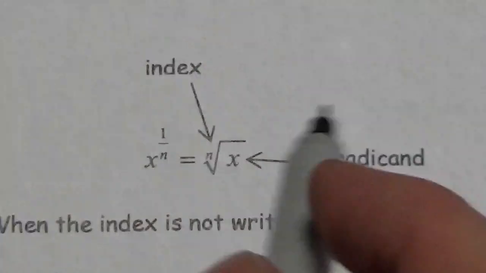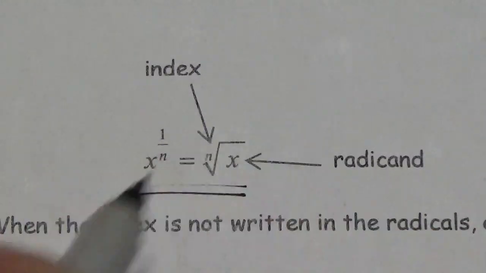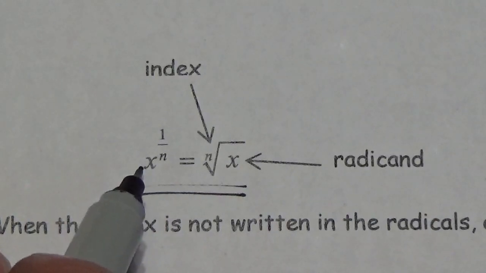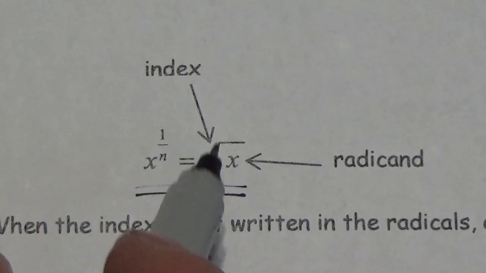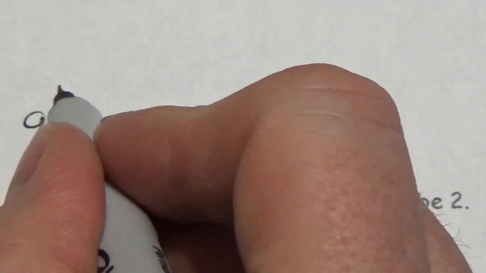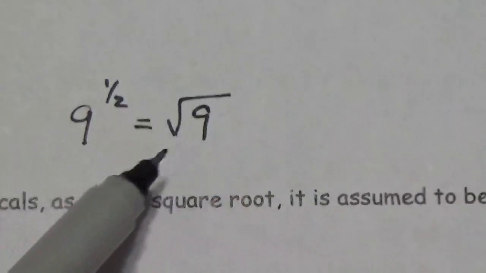Now, I know that you've seen this before, but just to reiterate, notice the connection between those two. If I take a number and raise it to the 1 over n, that is the same as the nth root of that number. By way of an example, 9 to the 1/2 is the same as the square root of 9.